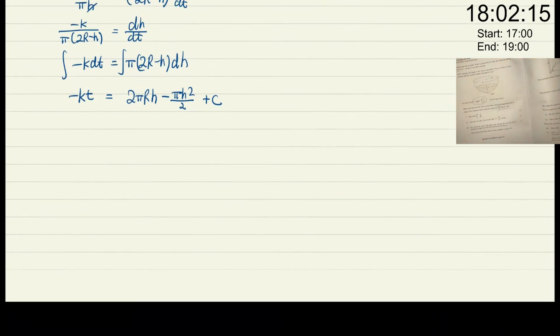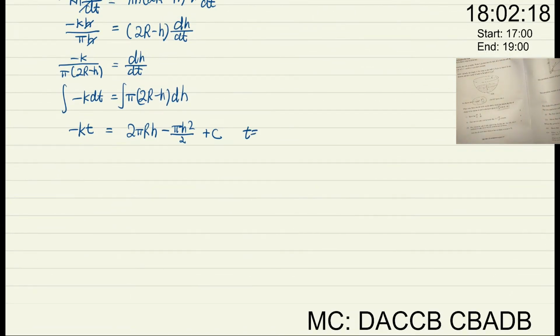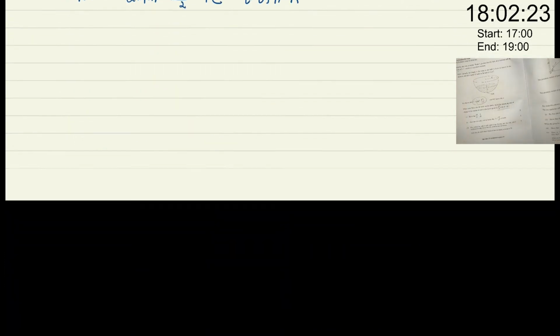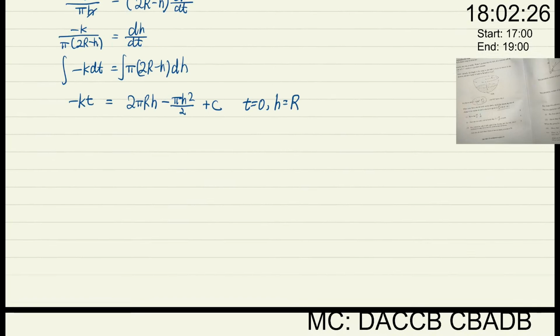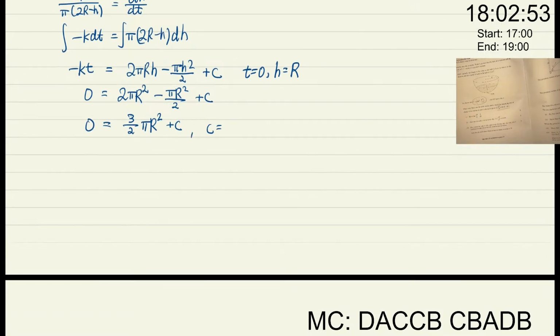Okay, now we need to check the initial conditions carefully. This time I want to set t equals 0, h equals capital R, because that's the start of the second part of the motion. I'm seeing a 3 here, this is a good sign. We have 2 pi minus pi on 2, and that is 3 halves of pi R squared, plus c, and that means c is negative that value.